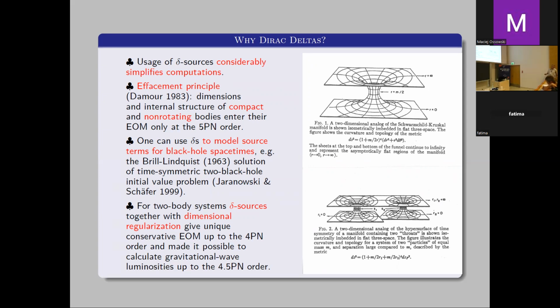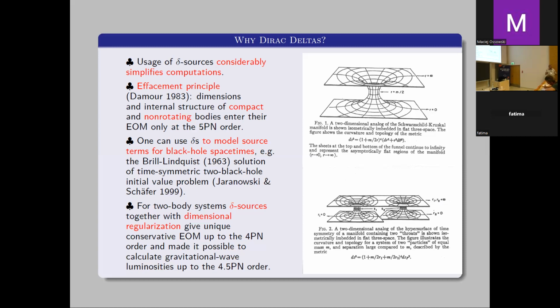Namely, if we have compact and non-rotating bodies, you can mathematically prove that there should be no information about the internal structure of the bodies up to the fifth post-Newtonian order. So, for example, at fourth post-Newtonian order there should be no difference between the equations of motion of neutron stars or black holes.